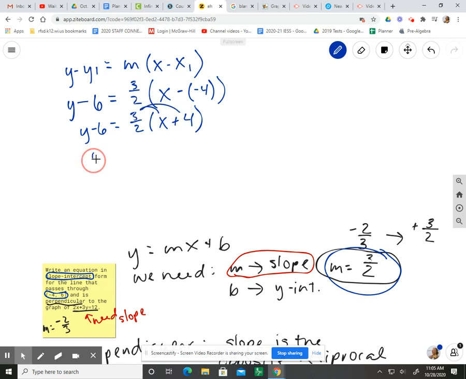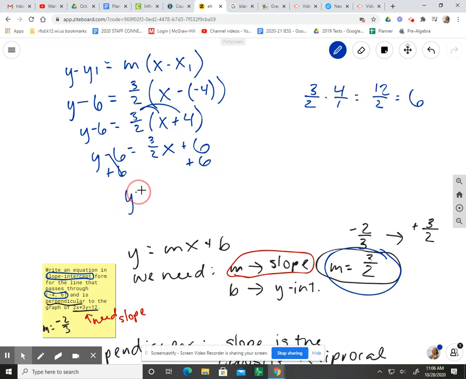So y minus 6 equals 3 over 2 x plus, 3 over 2 times 4 equals 12 over 2, which is 6. Now I need to get y by itself, so I'll add 6 to both sides. That'll cancel, and I get y equals 3 over 2 x plus 12. And that is my final answer.